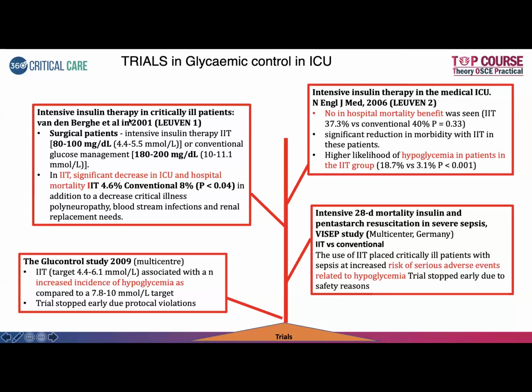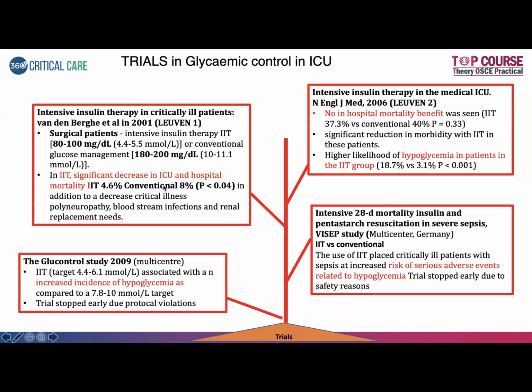First will be the Van den Berghe et al. trial, that is in 2001, also known as the Leuven-1 trial. This was done mainly in cardiac surgical patients, wherein they compared intense insulin therapy to conventional glucose management. Here, the target of intense insulin therapy was 80 to 100, whereas conventional was 180 to 200.